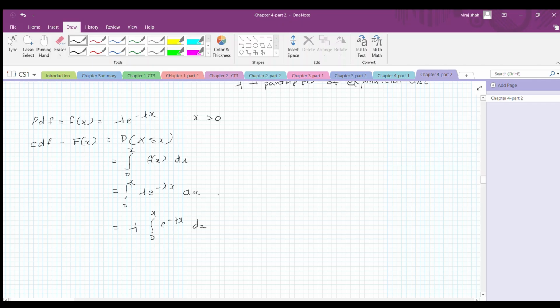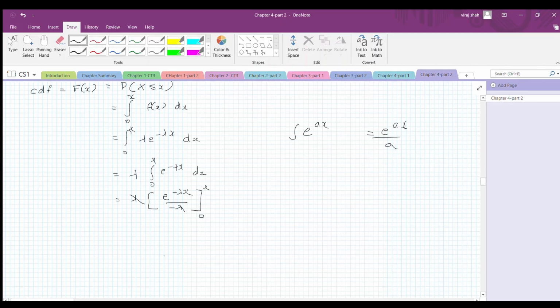Okay, so the integration formula for e raised to ax is nothing but e raised to ax upon a. Similarly, here a is nothing but minus lambda. So I can write this as e raised to minus lambda x upon minus lambda, from value 0 to x. Let's simplify this. Lambda basically gets cancelled.